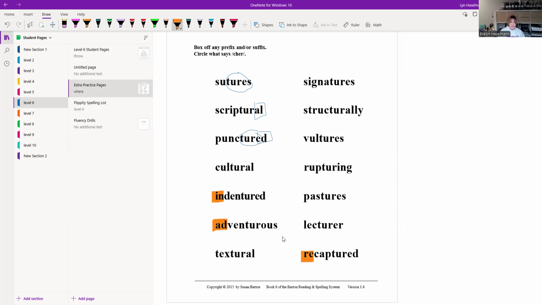And then all the suffixes, which would be s, ul, ed, ous, er, s, ing. Vultures, two suffixes there, the er and the s, and then go through and do the cher after that. So that's it for level 6, lesson number 9.